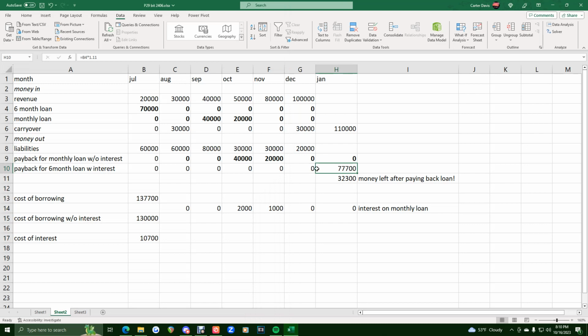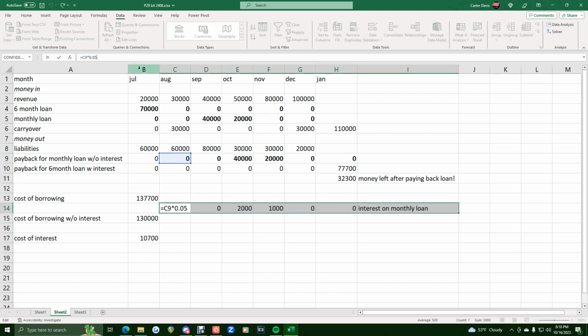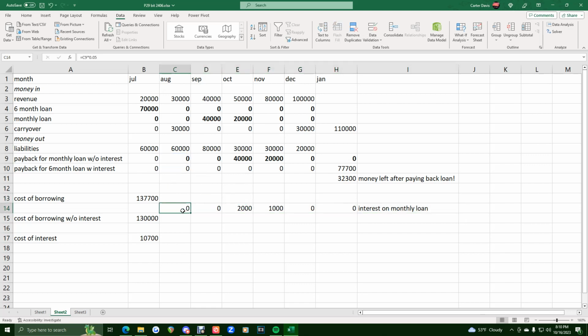So these were the payback for the monthly loan. Then I made another row way down here for the interest on the monthly loans. That's just 0.05 times each of them. Hope I did that right. So my cost of interest, the interest that we're minimizing, is just going to be 11% of the 6-month loan plus the sum of the interests on the monthly loans.